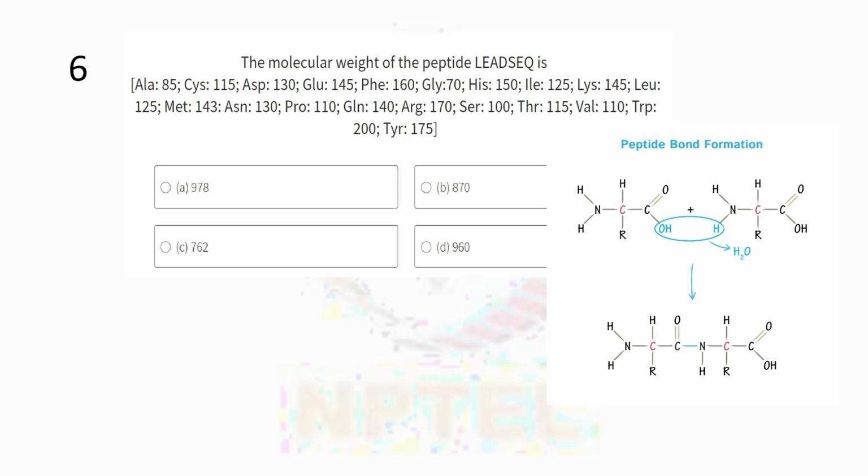Given the peptide sequence and the molecular weight of individual amino acids, what will be the molecular weight of a peptide?